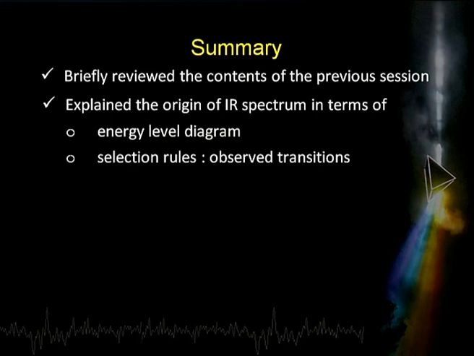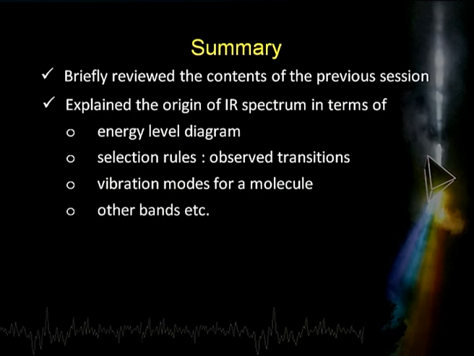Thereafter we worked on the different possible vibration modes for a given molecule. We worked out a formula for that, 3n minus 5 and 3n minus 6, the formulas for computing the vibration modes for a linear and a non-linear molecule.